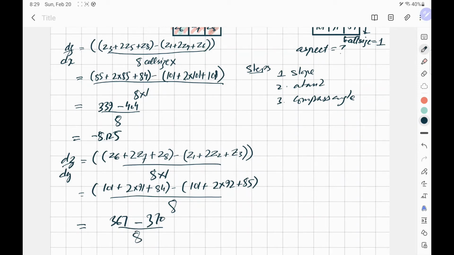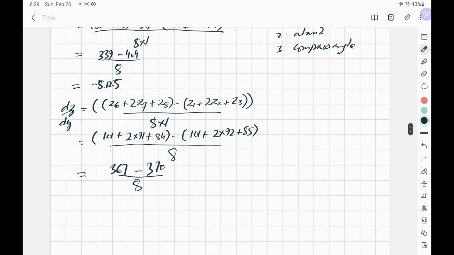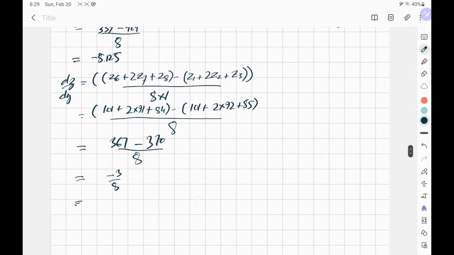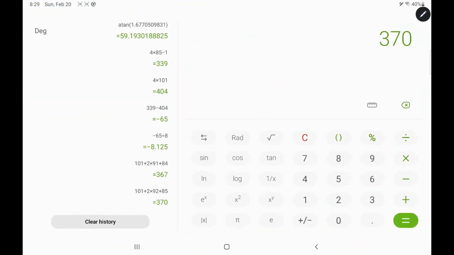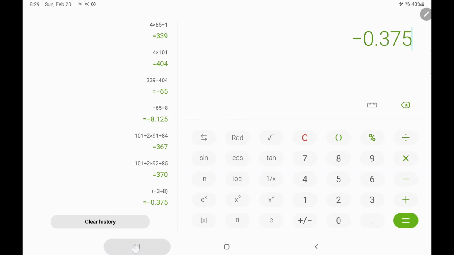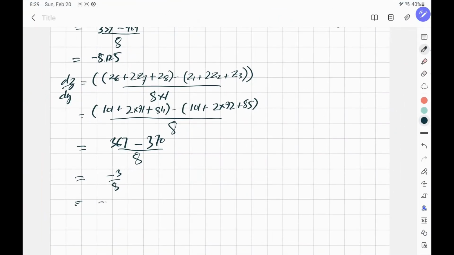Whole divided by 8. This makes minus 3 divided by 8, which is minus 0.375.